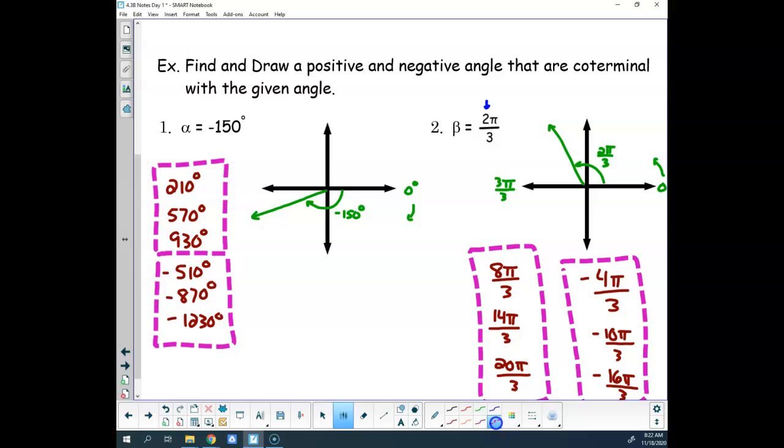If you're in the over 3s, if you're in the over 6s, then it would be 12. If you're in the over 4s, it'd be 8. If you're in the over 7s, it would be 14. It's because it's 2 pi. Just like we were adding 360 degrees with degrees, you're adding 2 pi. So you have to have that fraction equal to 2 pi.